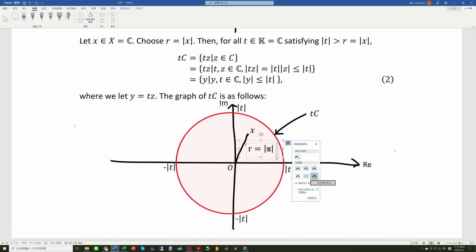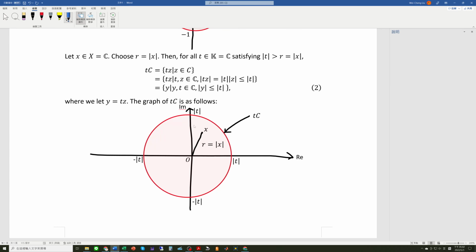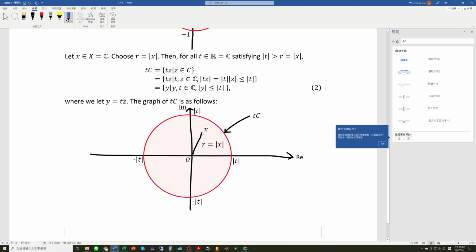So x should be italic and r should be italic too. I think I need to use another color to draw this point.